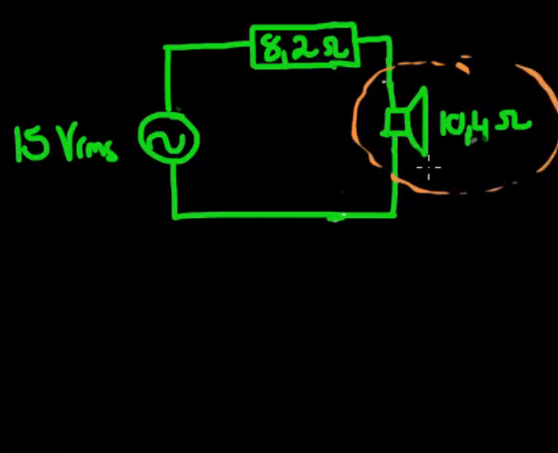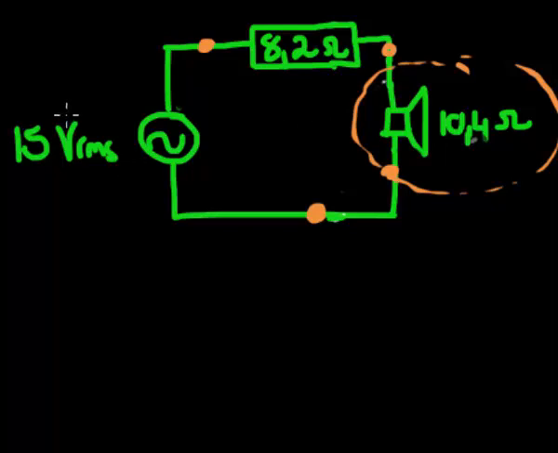First off, we've got a resistance, so we're either going to use formula 2 or 3. Then we can calculate the current that will be running through the speaker, because the total current of the circuit, independent of where you measure it, will be the same, seeing that this is a series circuit.